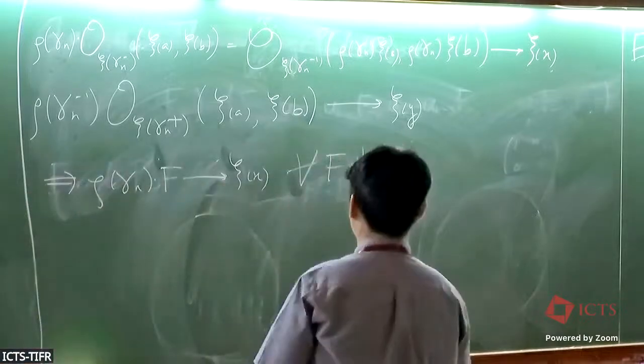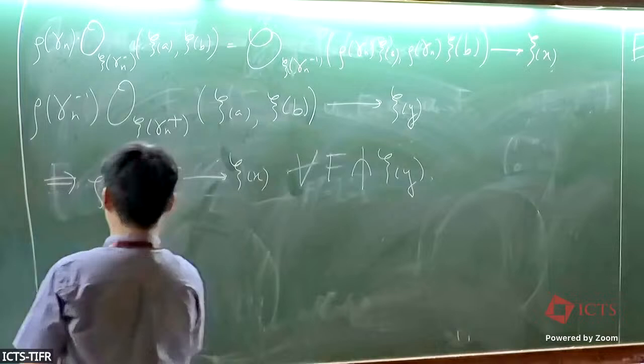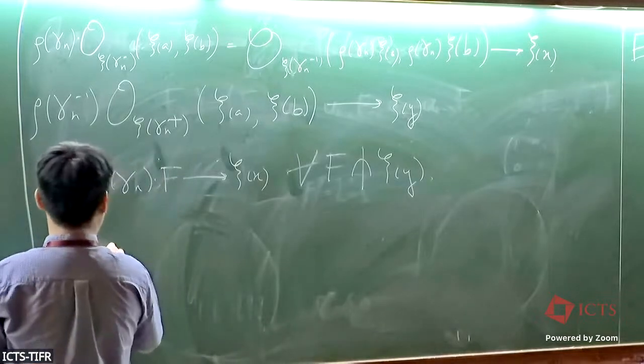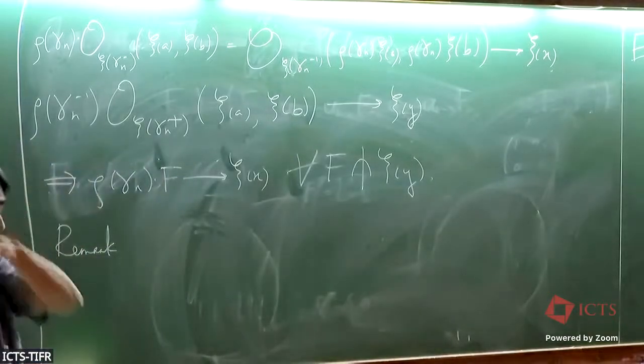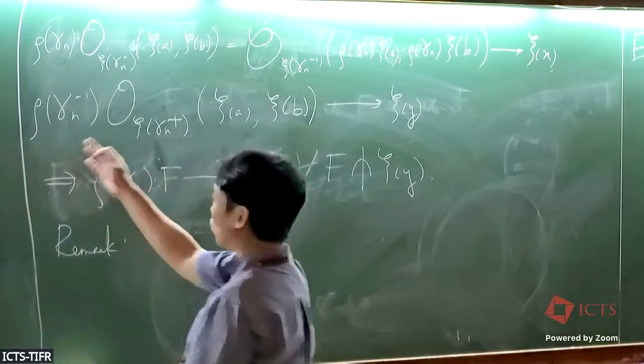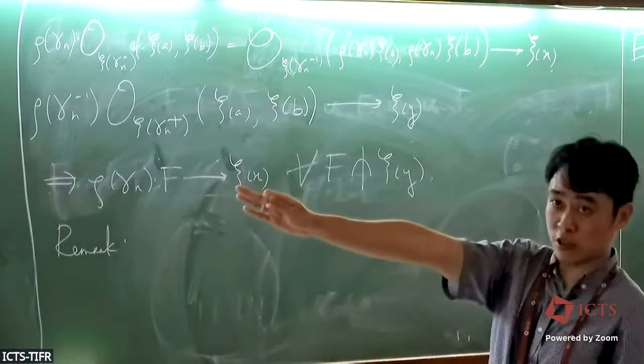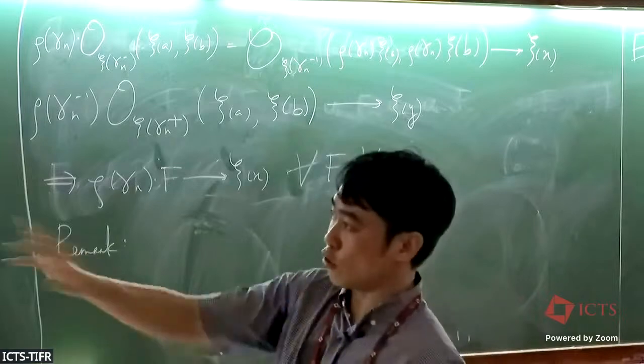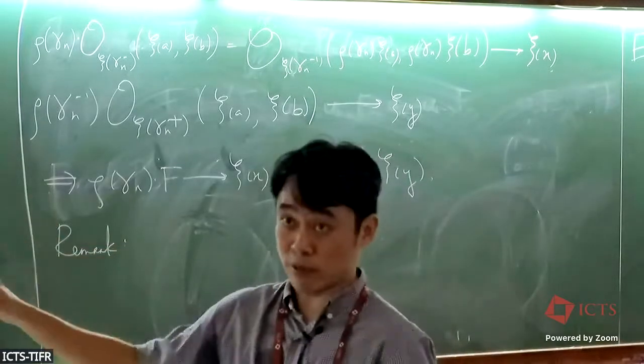Okay, so let me put one remark. Since you know, as a corollary of this proposition, that it's K-transverse, you know that these representations are all type preserving.